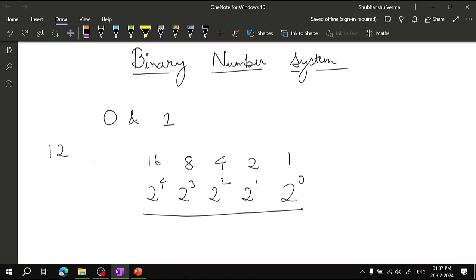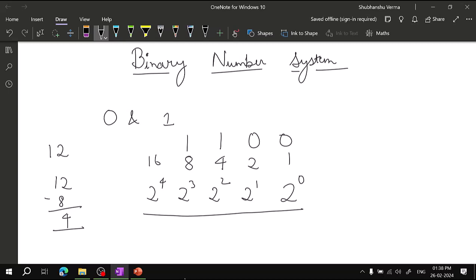So the device will say, okay, 1, because it fits. Then I define the number 1, and 12 minus 8 leaves 4. The device asks, is 4 a good fit into the remaining number, which is 4? Yes, it is. 1. After that we have nothing left, so it says 0 and 0. So 12 is 1100.